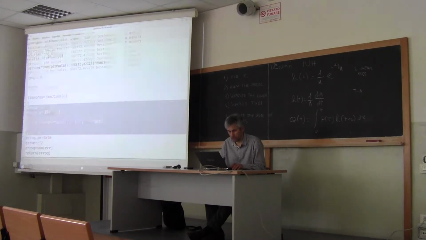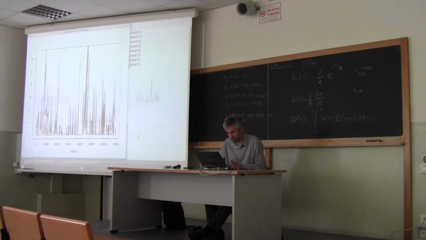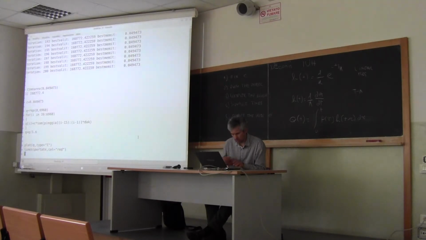Okay, let's see how the plot behaves. Here it is. It's not really great, but still. No, there is something wrong here, because the first part is still there, I think. Let me see, just 1 second.